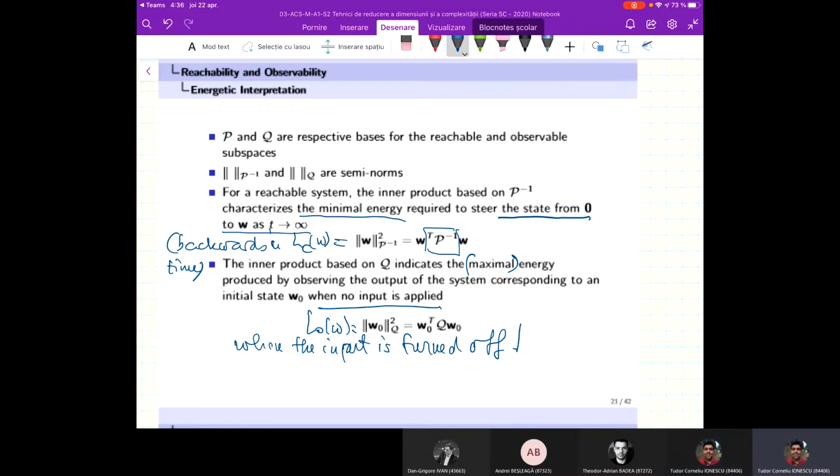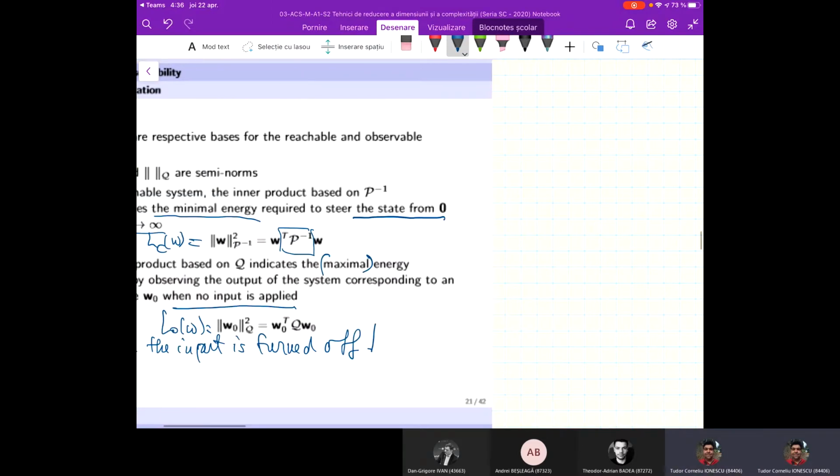I remind you that U is in L2, so a finite energy input, with x at minus infinity equal to 0, and the integral from 0 to infinity of U transpose U dt.